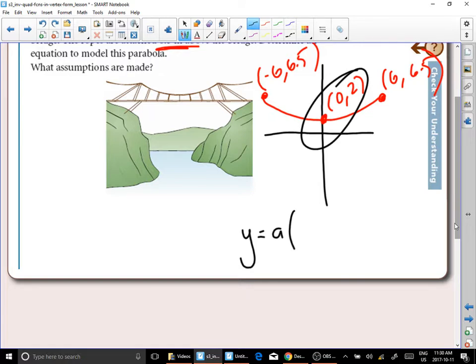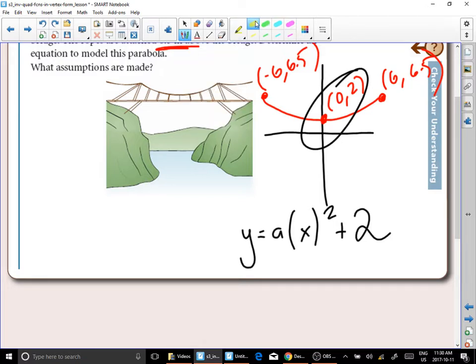Now, x minus 0 is just x, so it's just x squared plus q, so that's plus 2. So what we have to do in order to figure out this equation is figure out the value of a. We have to know what a is equal to. And to figure out what a is equal to, all we have to do is use one of these 2 points. It doesn't matter which one we pick. And we have to plug it in for x and y and figure out what a is.